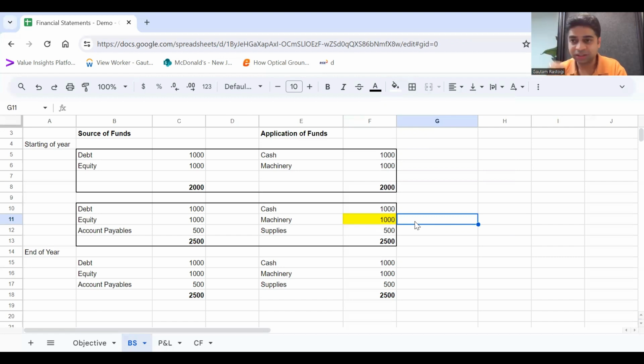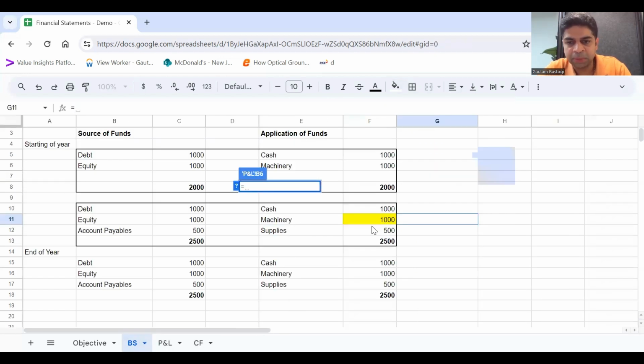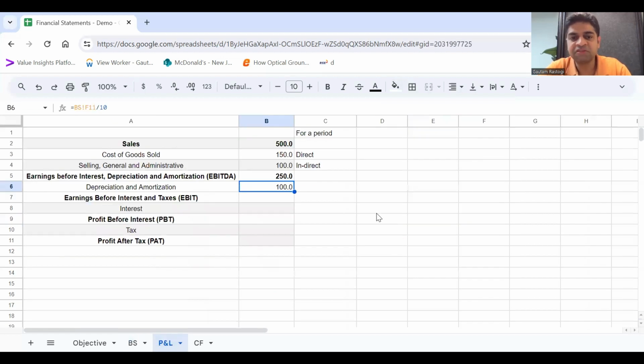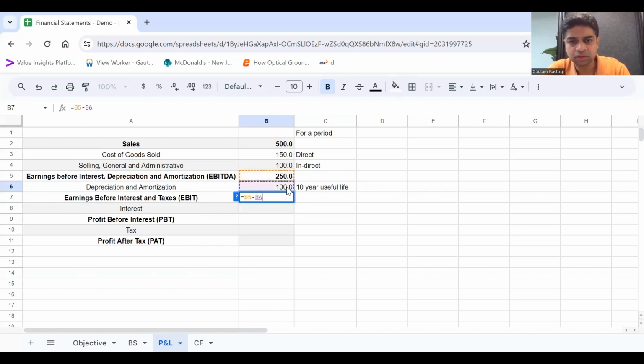Every year, you have to expense $100 in your P&L. So assuming a 10-year useful life, that's your depreciation and amortization. Now, earnings before interest and tax after netting off depreciation and amortization is 250 minus 100. Simple. And I know many of you already know all this stuff. That's all right.